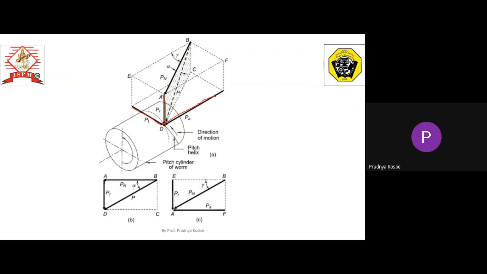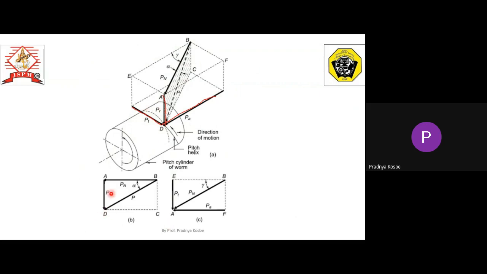Now this normal reaction is acting at an angle gamma in the top plane, and P is the resultant force, and this alpha is the helix angle between the normal component and the resultant force P.